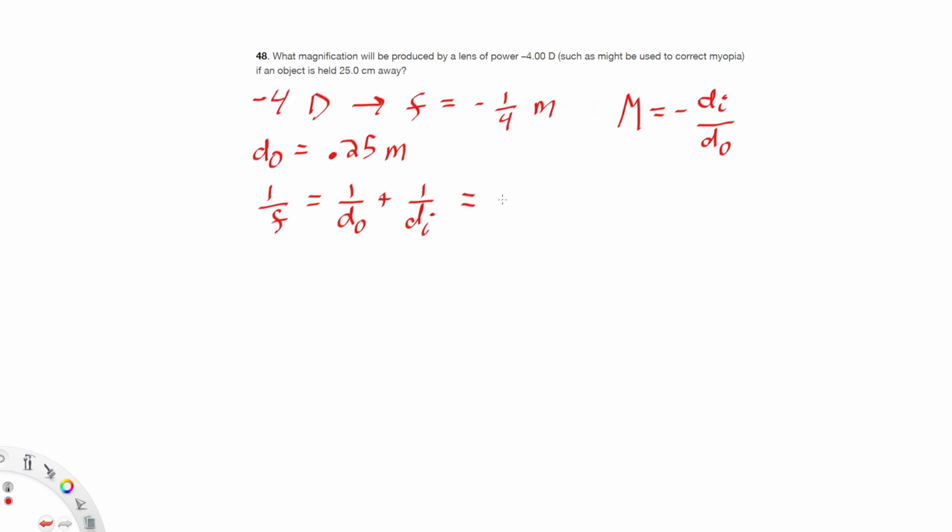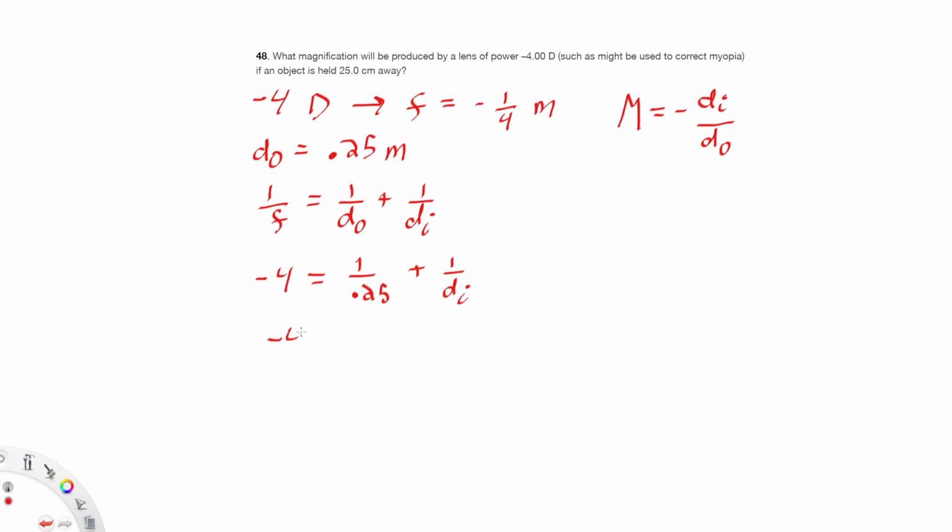1/f is -4, equals 1/0.25 plus 1/di. So 1/0.25 is, again, 4.